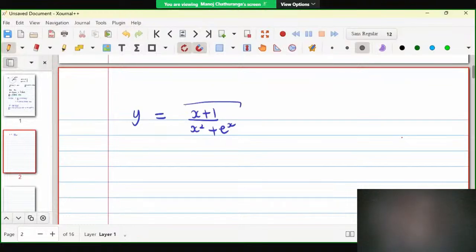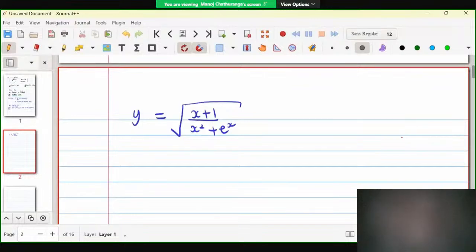Again, this is a composition. Outside is the square root, and inside we have a quotient.